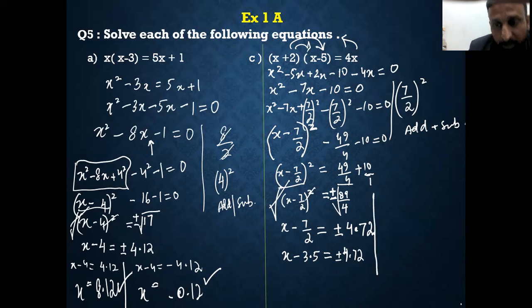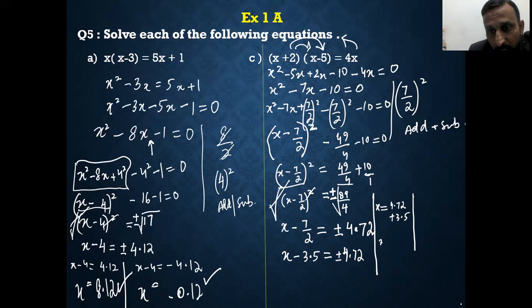Now, after this, what you need to do, underneath this, I have short of space, I'm writing it here. You're going to make two columns. In the first column, you're going to write down positive 4.72, and in the next column, you want to write negative 4.72. So your answer is found to be x equals positive 4.72 and then add 3.5 with this.